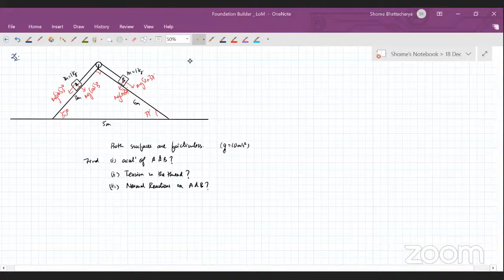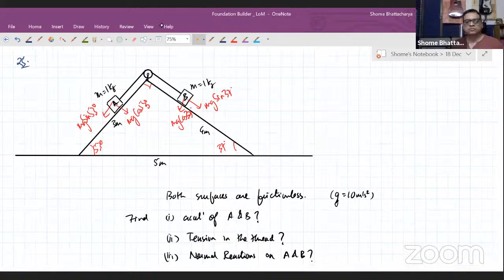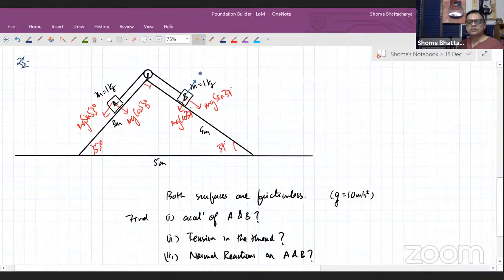Yes, very good. That's correct. Okay. So once you figured that out, the angles are like this. The rest is simple. Normal reaction on B, normal reaction on A, and uniform tension acting everywhere. So that's like this.